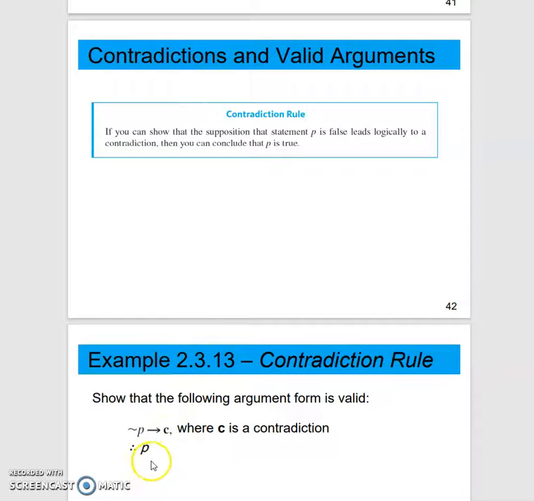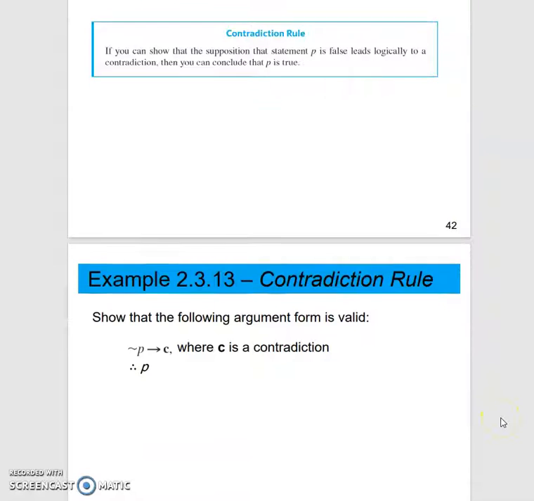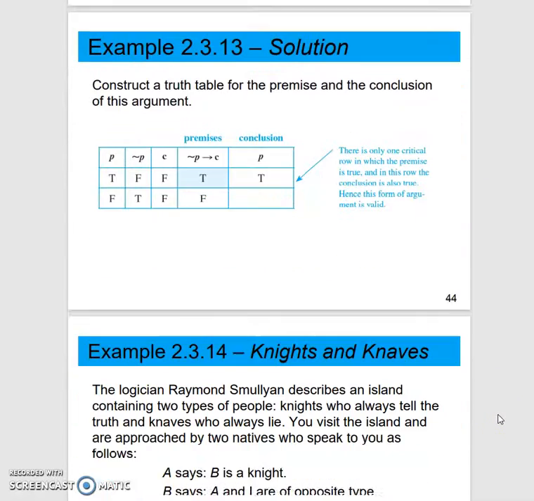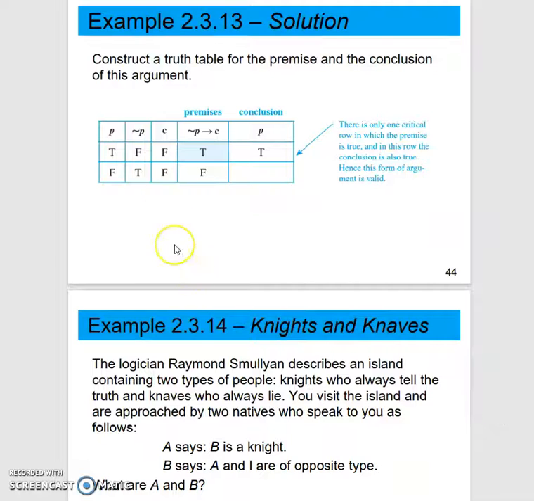That will then conclude that P itself must be true. And later in this class, we will do proofs where we will use this technique, and those are called proof by contradiction. We'll spend a whole section on that. And here is the truth table behind that, so you can see P, not P. Remember, contradictions are always false. Here is where my premise is true, and that does give me the true conclusion. So I am allowed to do that.